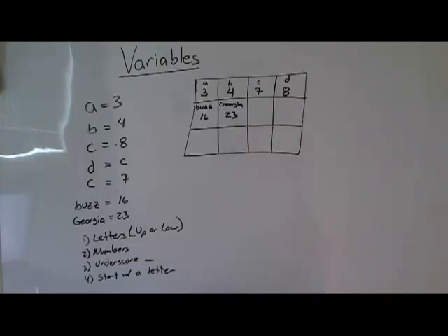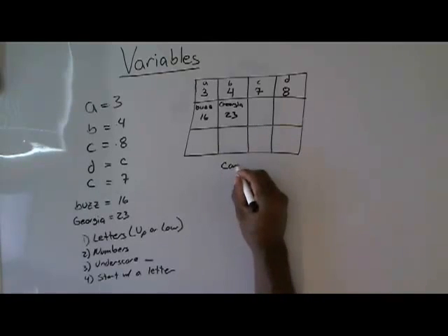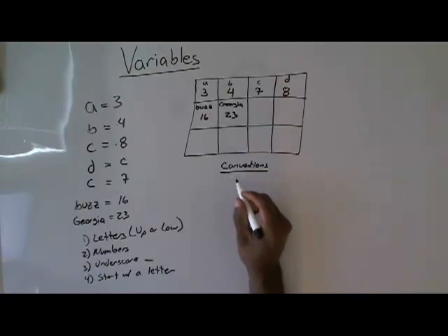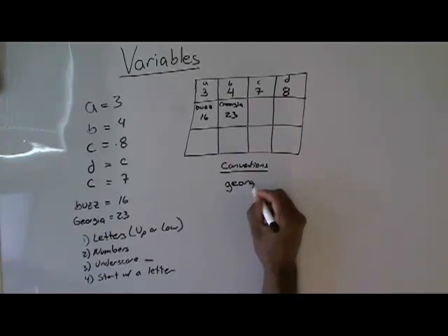So when you're doing variable names, these are conventions, these aren't rules, but this is how it's usually done. We usually start variable names with lowercase, and usually they stay lowercase, unless you want to do multiple words. So let's say if I wanted to do a variable called Georgia Tech, I would do it something like this.